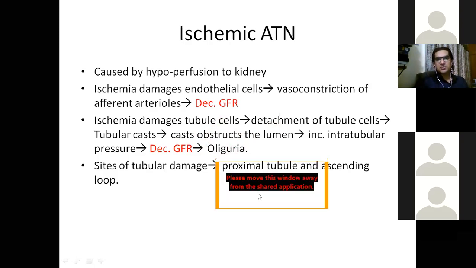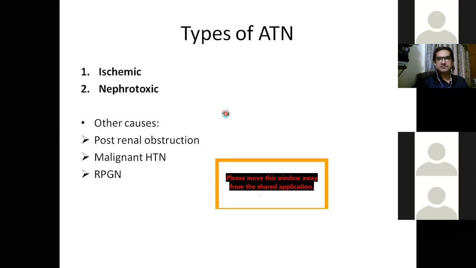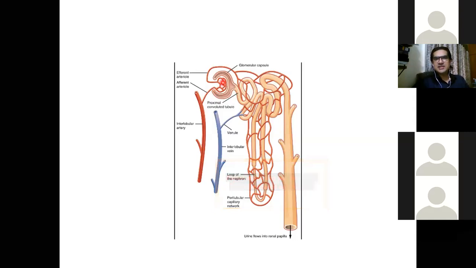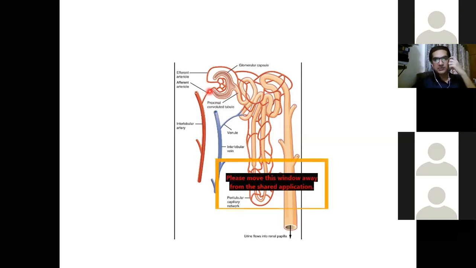right? So if we go back to this picture, this is the afferent arteriole. What happens if there is ischemia, if there is less blood coming through this interlobar artery? The endothelial cells lining this glomeruli will start secreting vasoconstrictors, for example, endothelin, right? And it causes constriction of this afferent arteriole, right? So when this afferent arteriole constricts, less blood comes into the glomeruli, and so the GFR decreases.